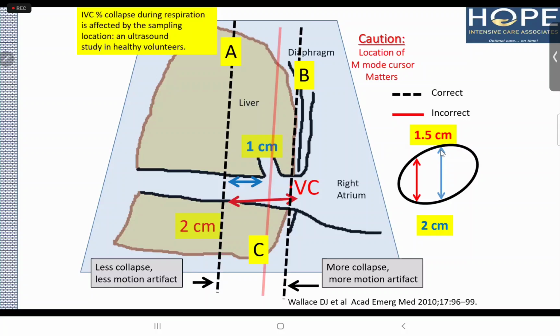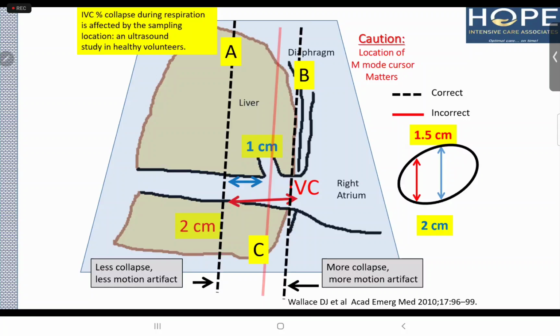If you measure the widest, largest diameter, try to keep the probe stable so that during inspiration you don't move from this blue line to red line. Otherwise, even without IVC collapsibility, it may appear on M mode that this IVC is collapsible, but in fact it may not be.